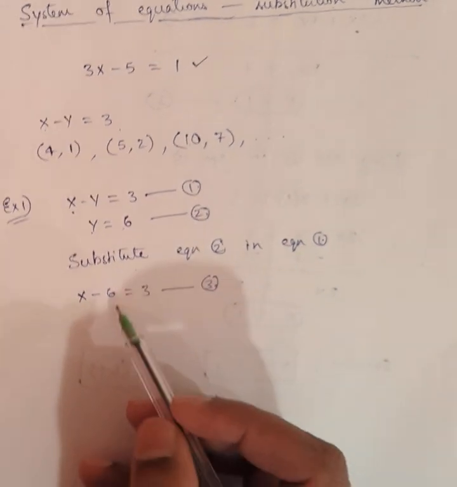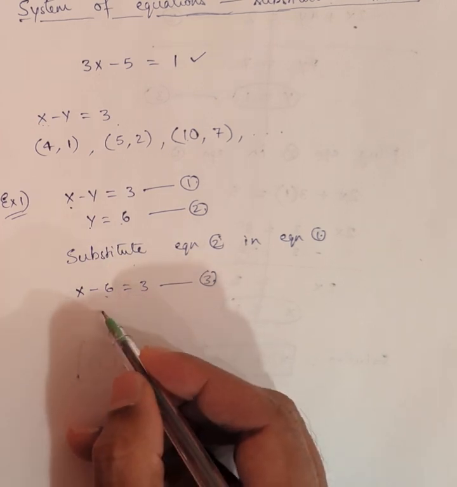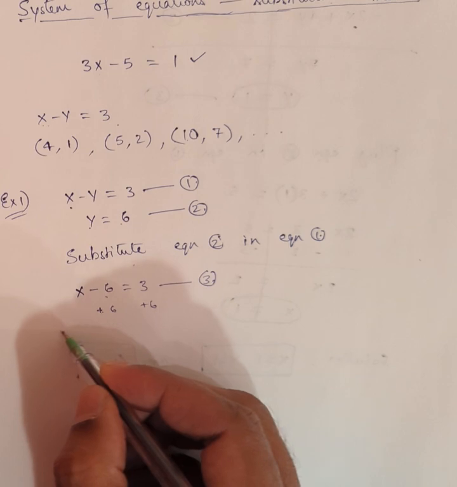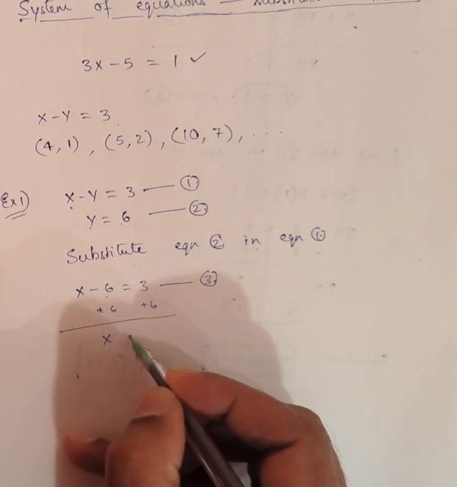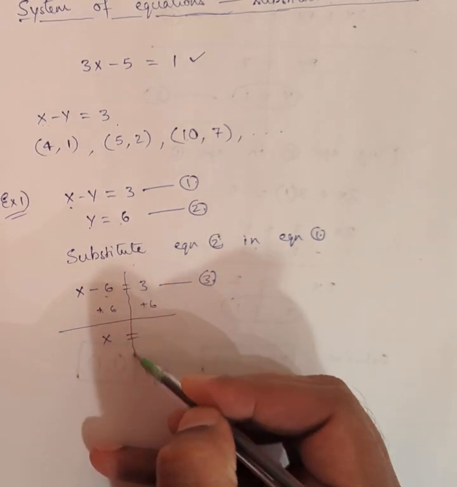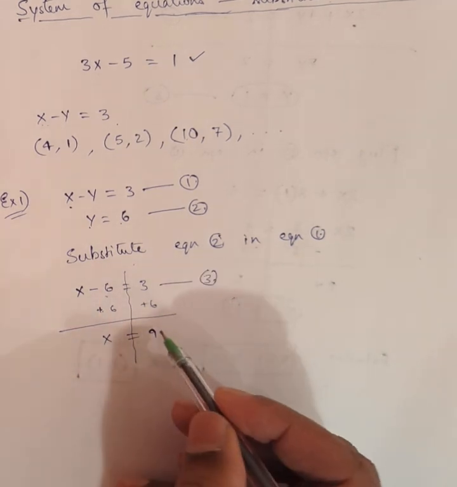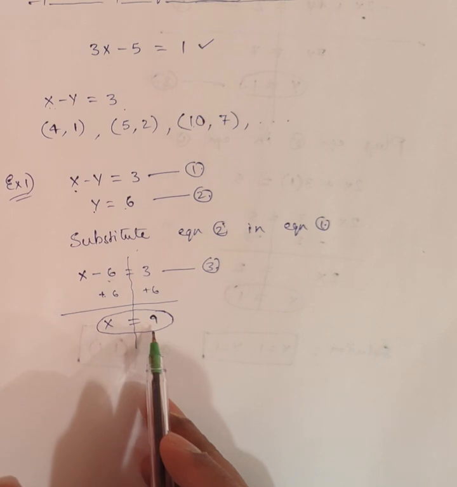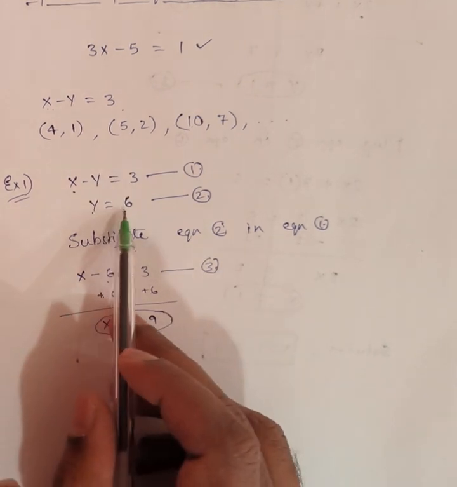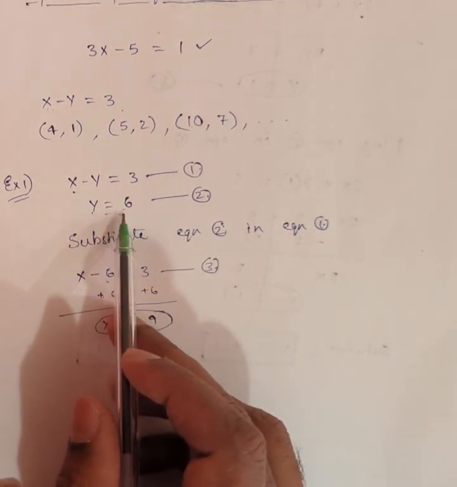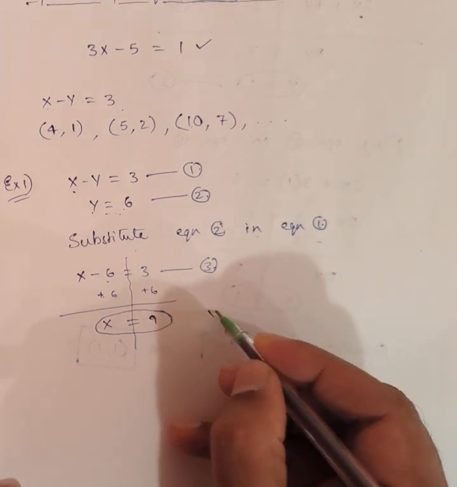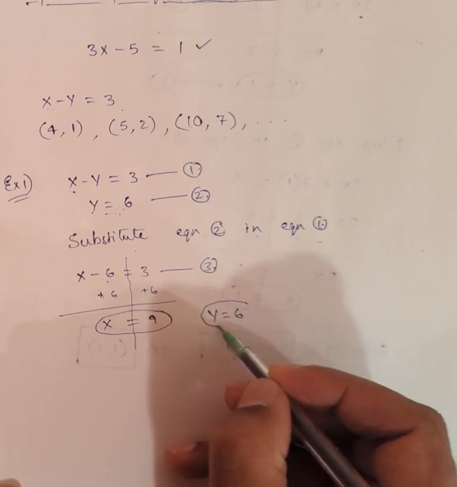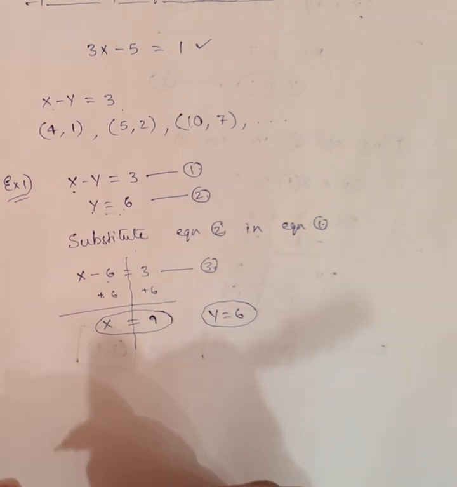Now I can solve this by just adding 6 on both sides. When I do that, I get x equal to 9. All right, I got one answer. I have to find the other variable, but the other variable is already given as 6, which means I have to do nothing to find y. Sometimes I have to do some work to find the second variable as well.